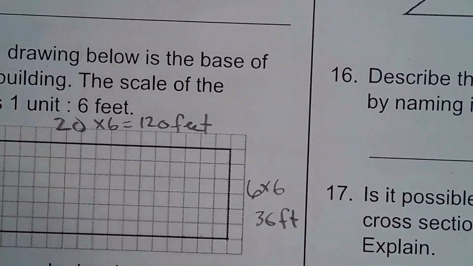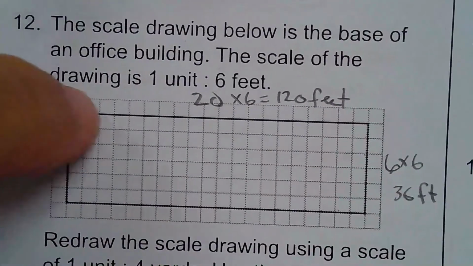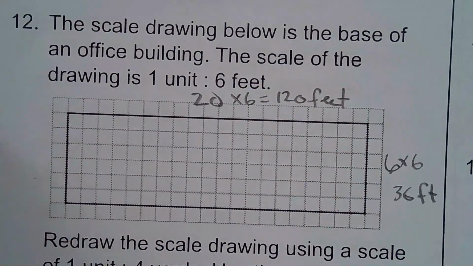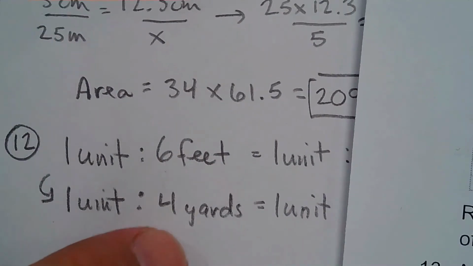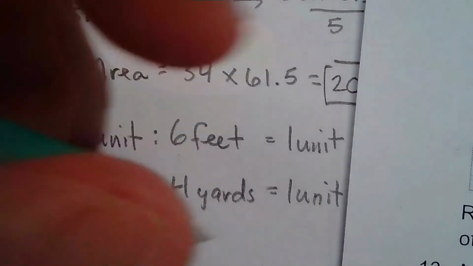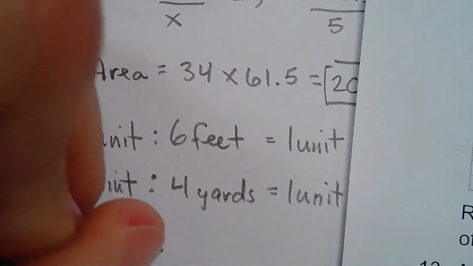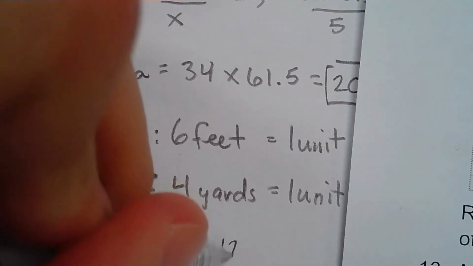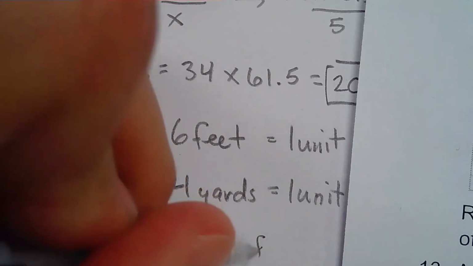So we have to keep representing this. This has to stay 120 feet, and this has to stay 36 feet. But now each of these is 4 yards. 4 yards is equal to what? 4 times 3, which is 12 feet.